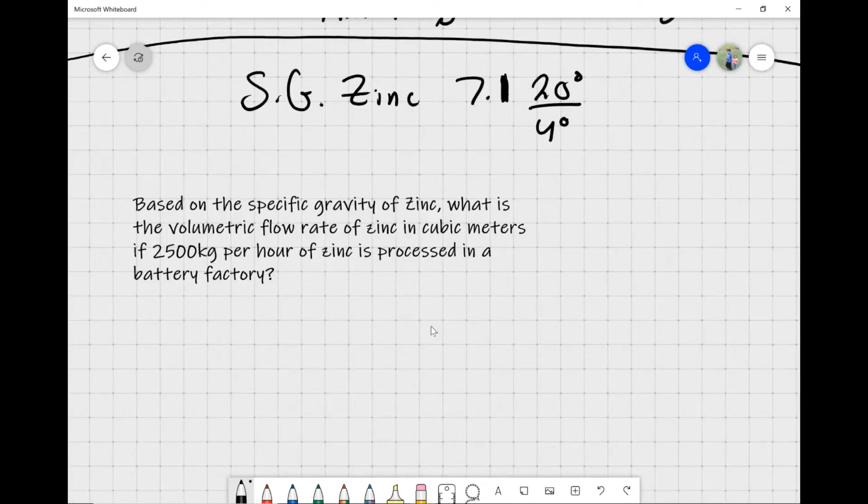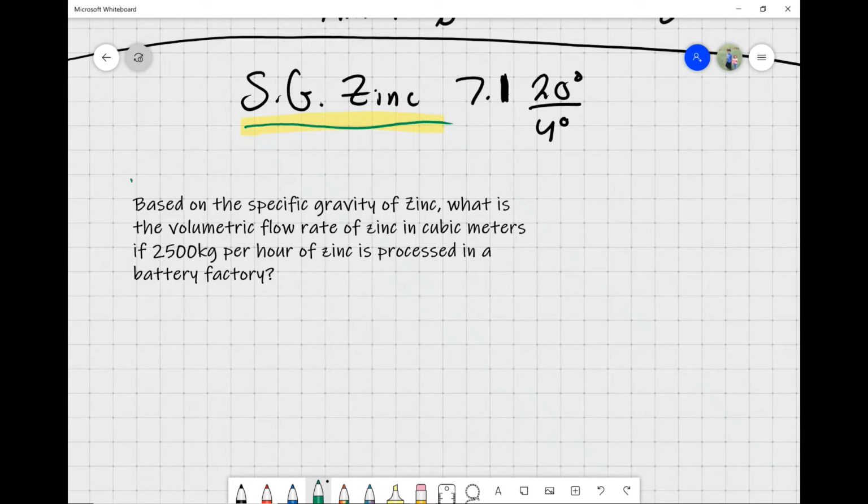All right, so now we have a specific gravity problem. We said we're going to use zinc as an example. The specific gravity of zinc here is 7.1, with zinc at 20 degrees and water at 4 degrees centigrade, which is the standard.